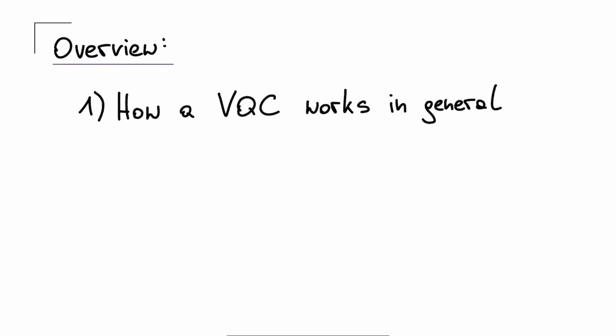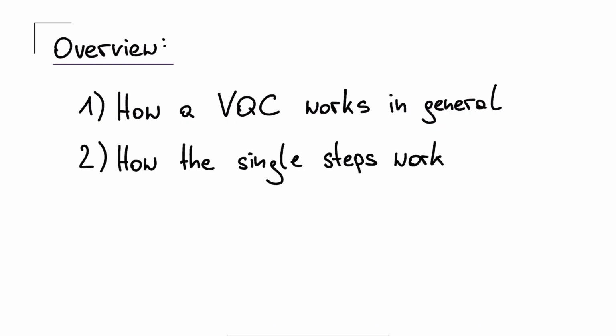For an overview of what this video covers and how we'll proceed, step by step, first I'll explain how a variational quantum classifier, a VQC, works in general. That is, I give a high-level overview of the VQC workflow. Then I go through the individual steps and explain the theory wherever necessary.